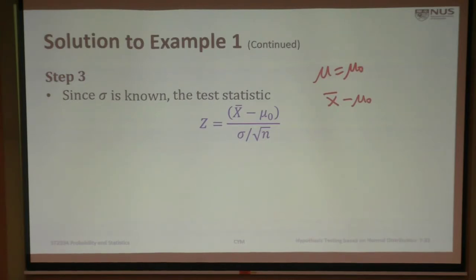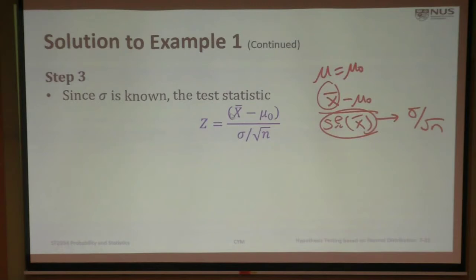If mu equals mu naught, we expect x bar minus mu naught to be small. But unfortunately, the magnitude of this difference depends on the standard error of x bar. So we divide by the standard error of x bar, which is sigma over root n. That's how we arrive at this test statistic, and we know that this follows a standard normal distribution.